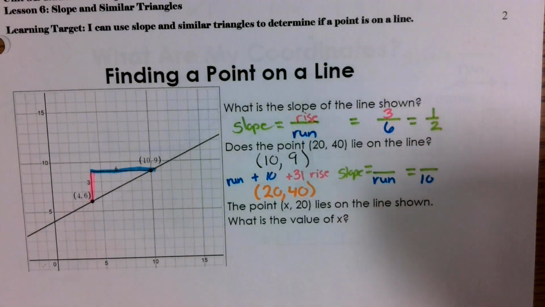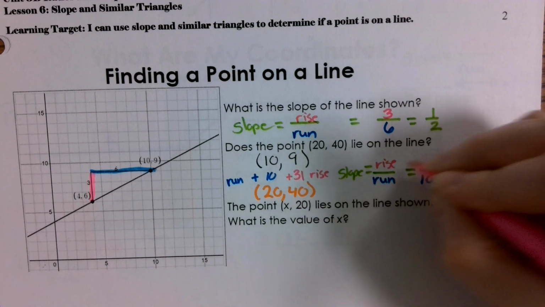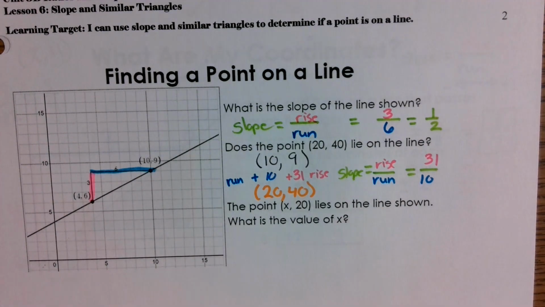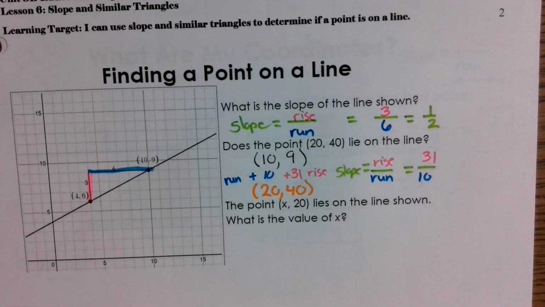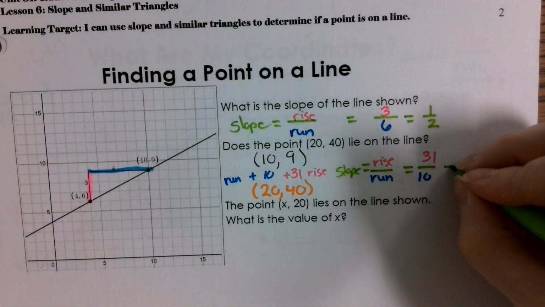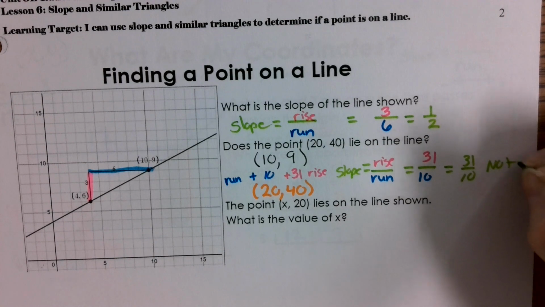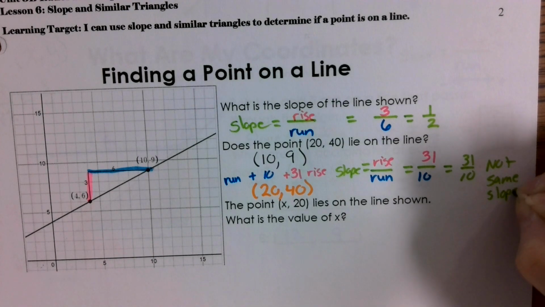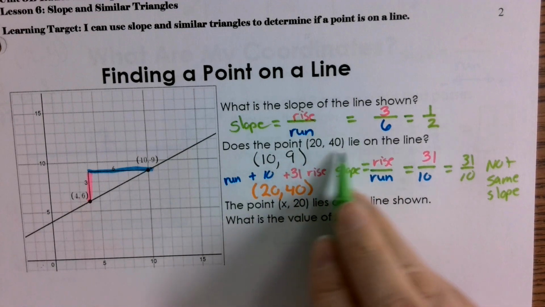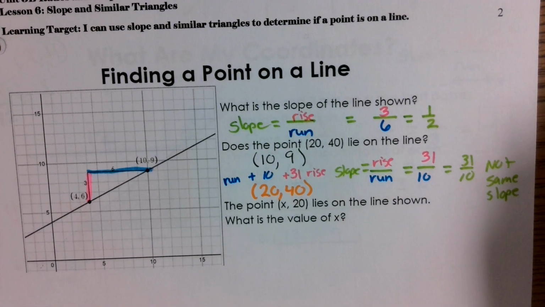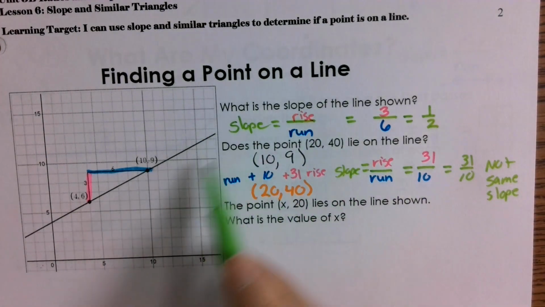It has to go up by 31. So our rise would be a positive 31. Is 31 over 10 the same thing as 1/2? No. That's going to stay 31 over 10. That's not the same slope. So therefore, this is not a point on that line.